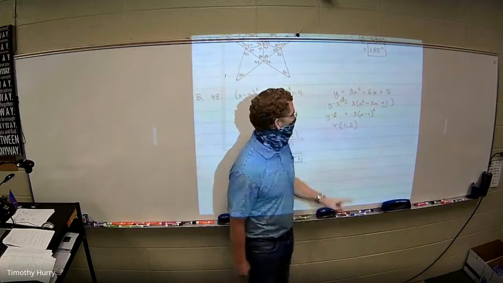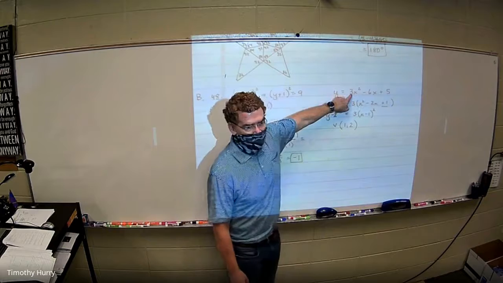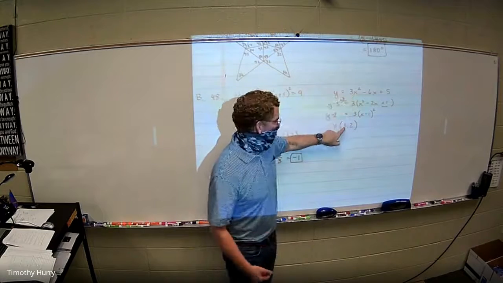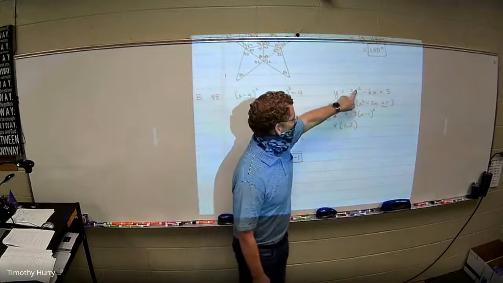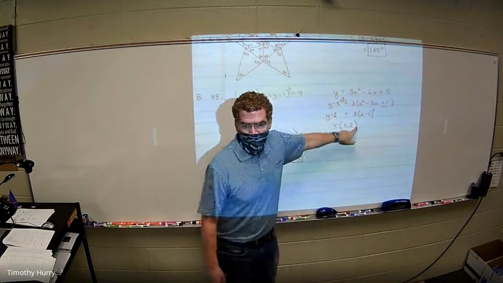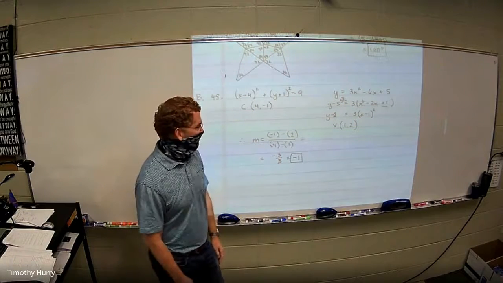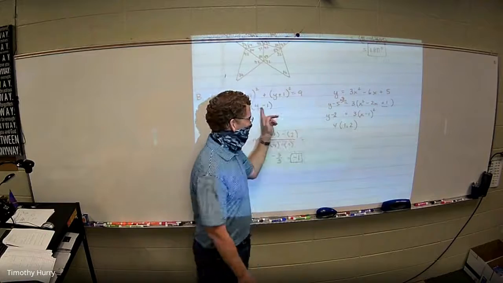But the other way is to go -b, which gives me 6, divided by twice a, which is 6. 6 over 6 is 1. And then take a 1 and plug a 1 there and a 1 there, and I get 8 minus 6 is 2. So that might be a little easier to do if you remember that -b over 2a that we were just talking about. And then all I got to do now is find the slope between these two.